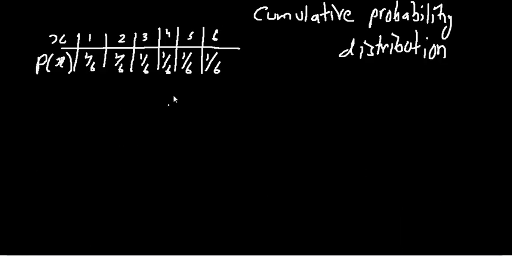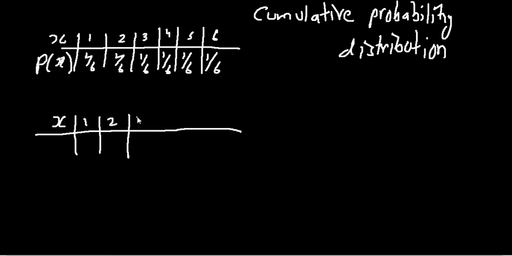Okay, now we'll look at this subject here, cumulative probability distribution. Now this is basically a probability distribution, but its cumulative probability distribution shows the probability up to a certain outcome. This example is throwing an unbiased dice.